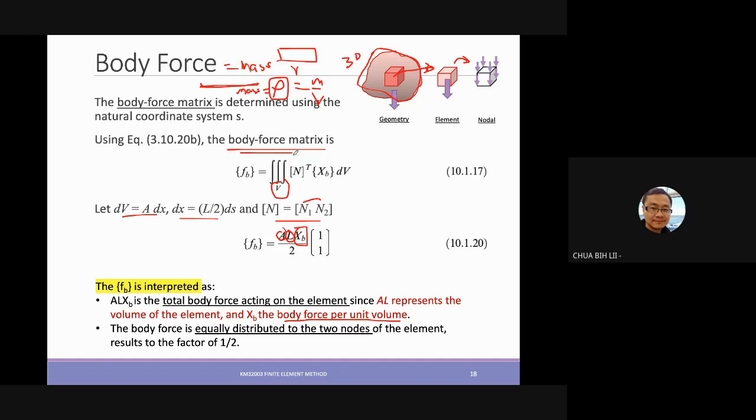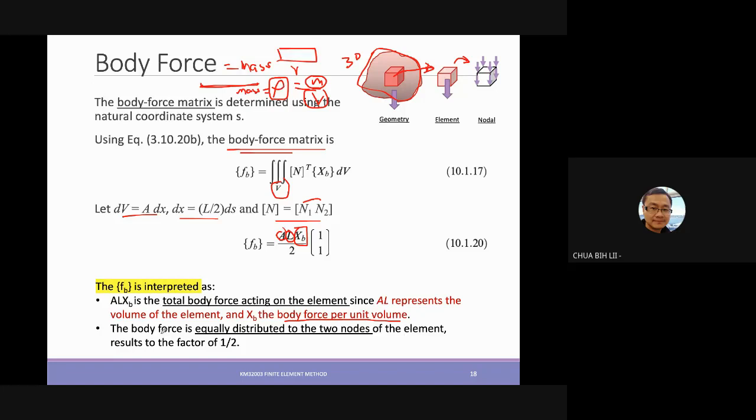This XP is referring to the body force per unit volume, in other words, referring to the density. So in order for you to take into consideration the body force, you have to define an additional density for the software to take into account.